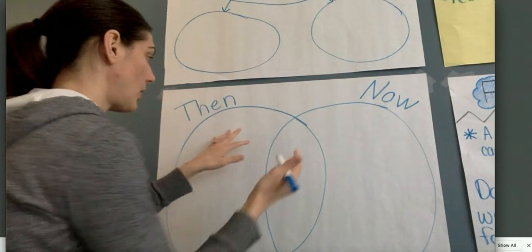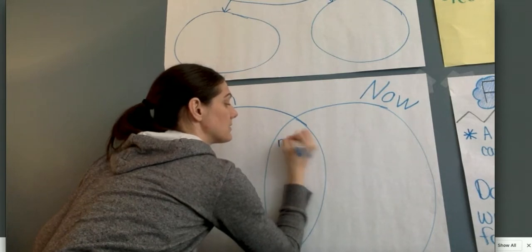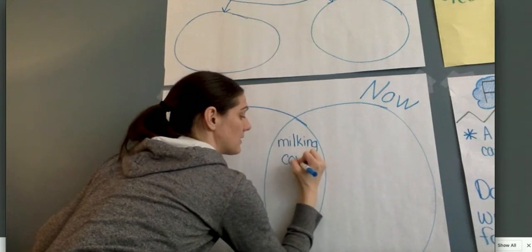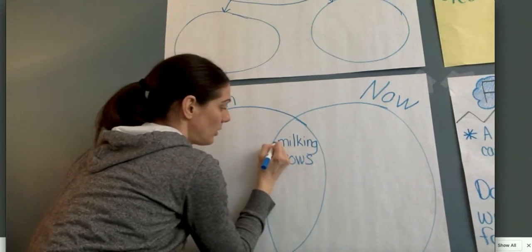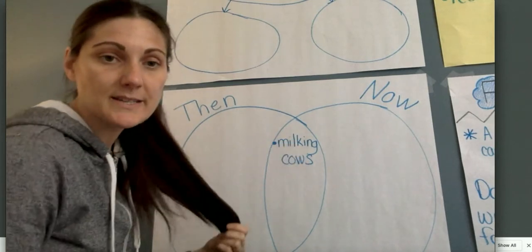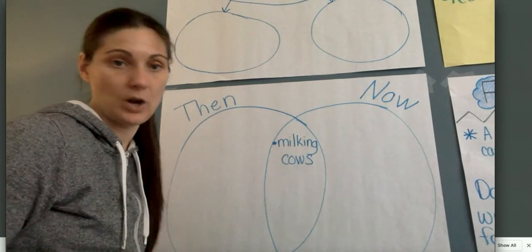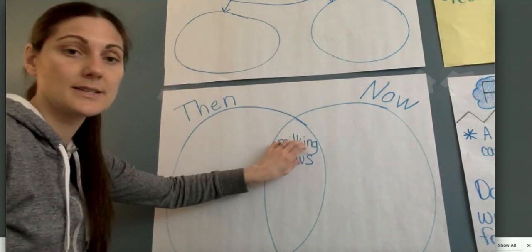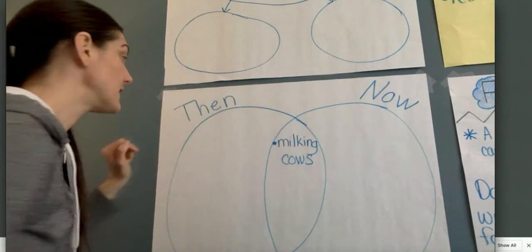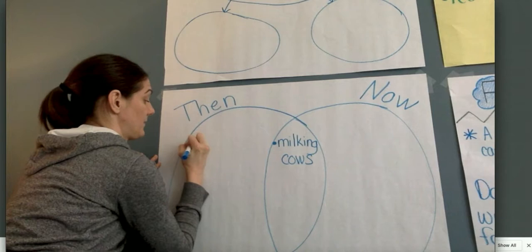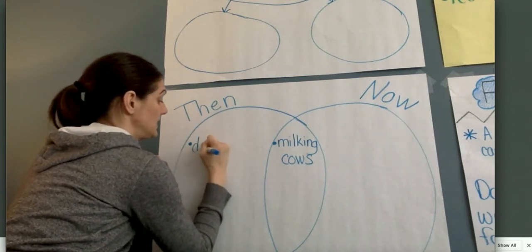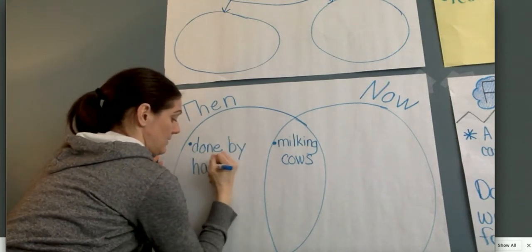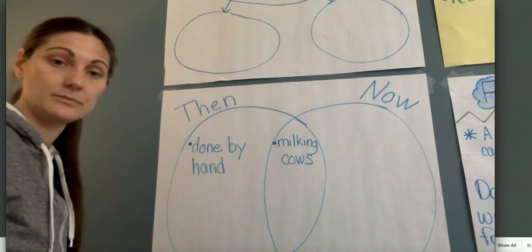Okay. So milking cows. And I like to put these little bullet points here, okay, to make notes. Because in a Venn diagram and a graphic organizer, I'm only making notes, okay? You can write in sentences if you want to, but it's not required. So milking cows is the same. It happened then, it happens now. Well, the difference is then milking was done by hand, right?